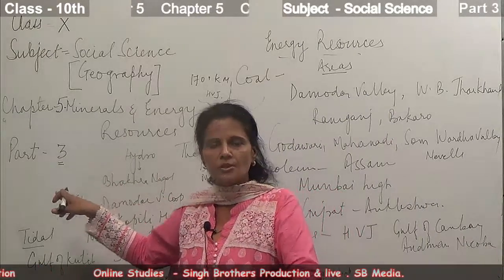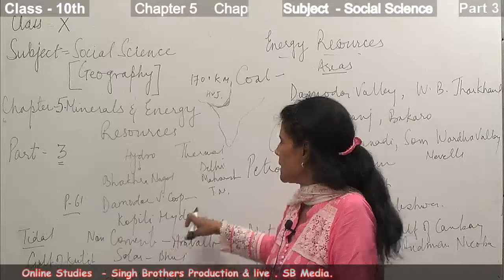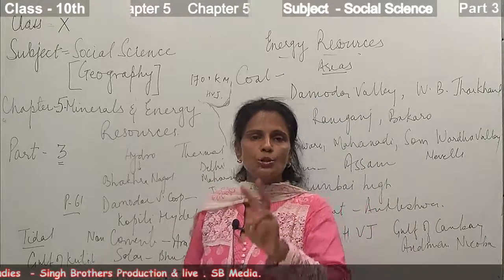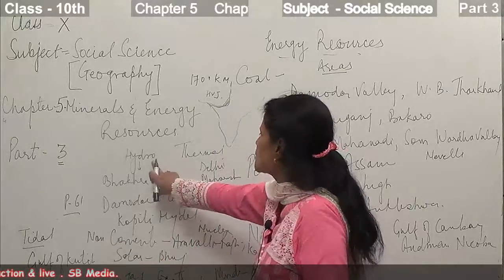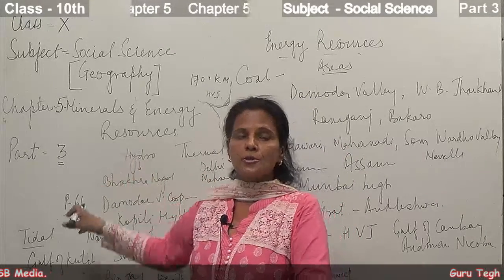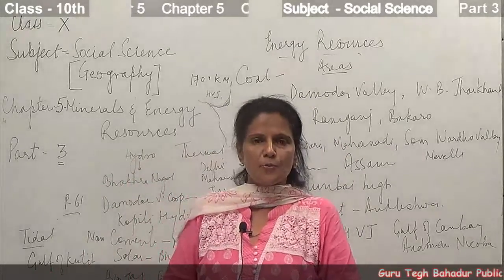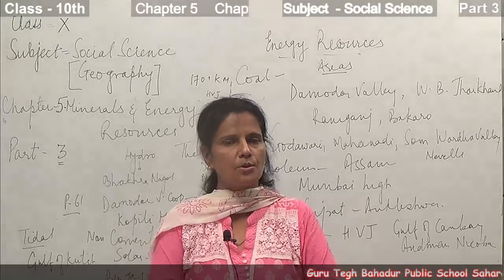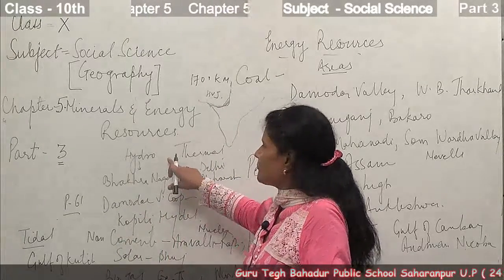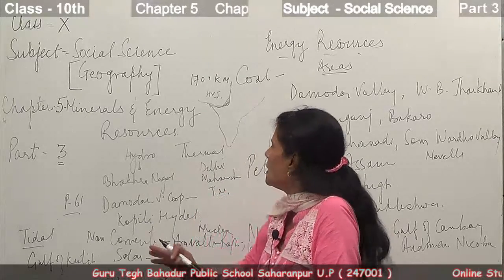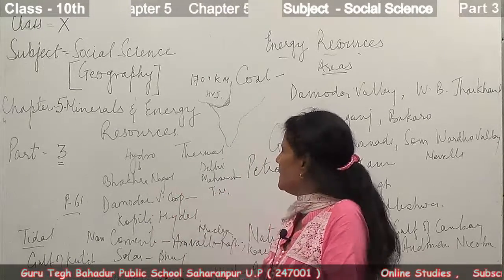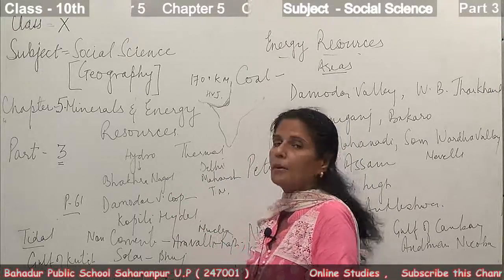Then we come to the other, different sources of energy. Again, first of all, we come to electricity. Two methods for producing electricity, hydro and thermal. Hydroelectricity is produced by water, which is a renewable resource, and there are different hydroelectricity producing plants in India: Bhakra Nangal, Damodar Valley Corporation, Kopili Hydel Power Plant.